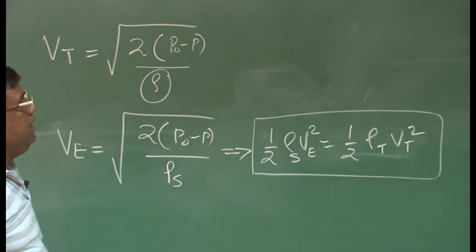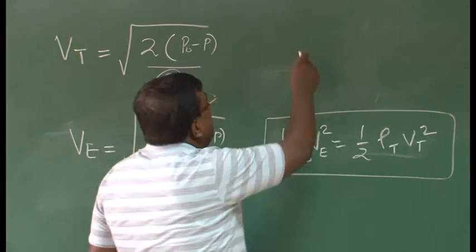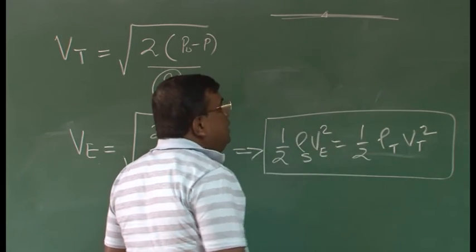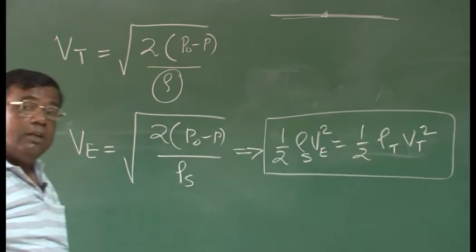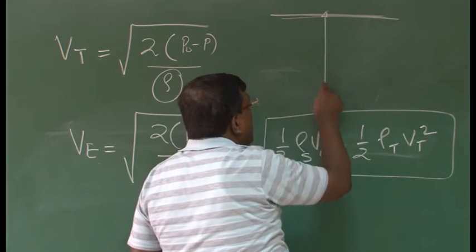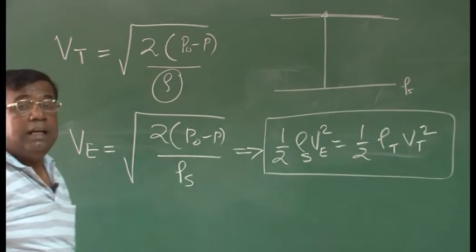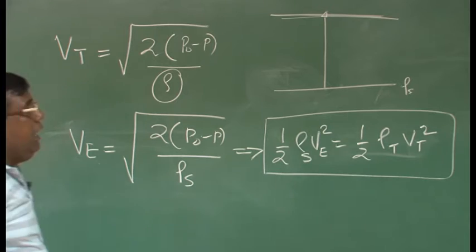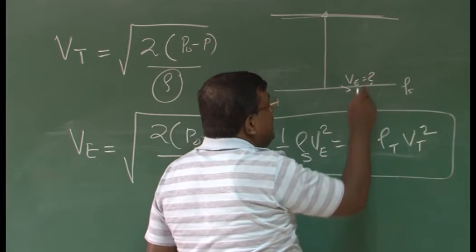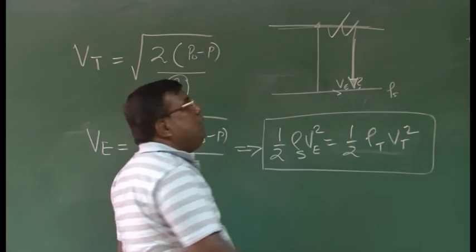Meaning thereby is that if I am flying at some pressure altitude, and I am noting down what the true dynamic pressure there is, and I am now trying to fly at rho s, standard density, standard atmosphere at sea level, and try to see at what speed I should fly so that the dynamic pressure at this altitude is duplicated.